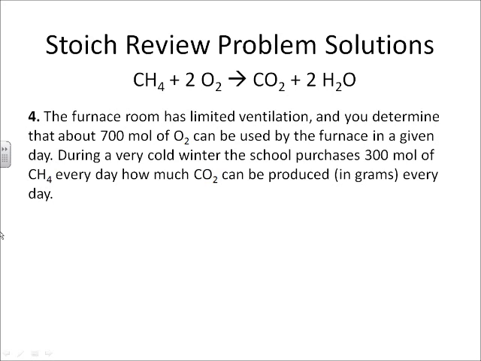So if we look at the question and what we're given, it tells us that we have 700 moles of oxygen, and it also tells us that we have 300 moles of methane. So what we need to do is find out which one produces less of the carbon dioxide product. Whichever one produces less is going to be the limiting reactant.